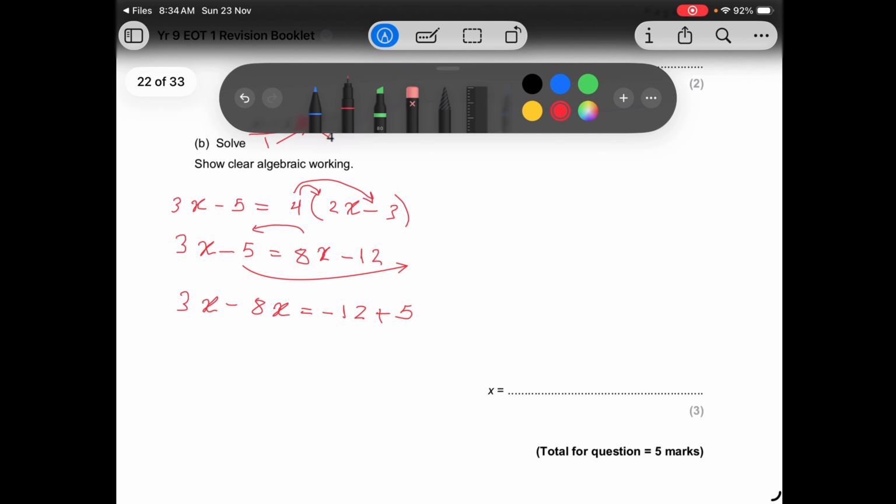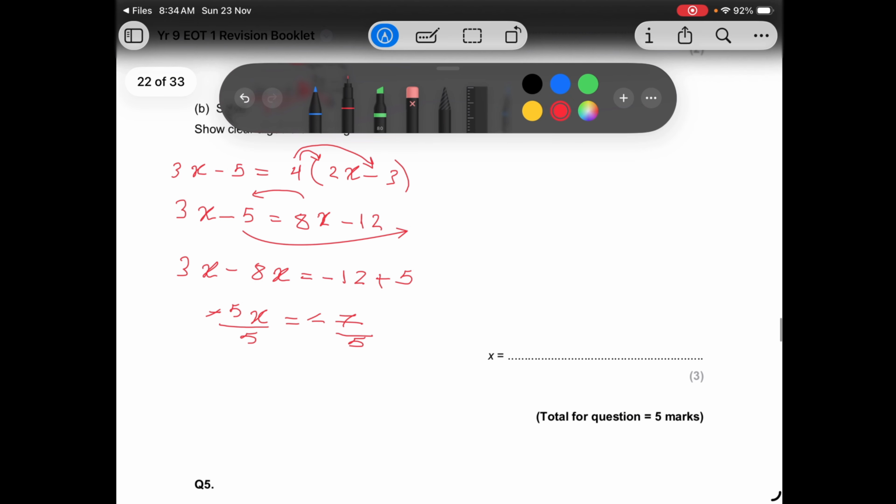Then you can combine these two guys. 3 minus 8 is minus 5x, minus 5x equals minus 7. Indeed, then you can remove minus with minus, and then you can divide both sides by what? By 5. So x will be 7 over what? 7 over 5, and that's it.